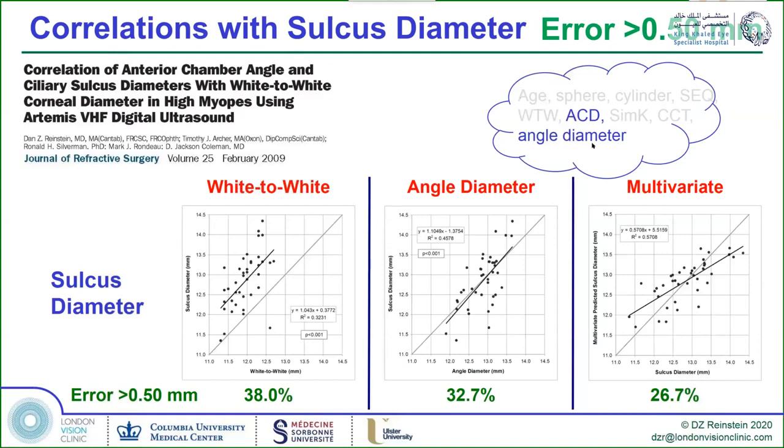So using AC depth and angle diameter, you can predict sulcus even better than just with angle diameter, but you're still going to have about 25% of the eyes outside of 0.5 millimeter of what you would have predicted the sulcus to sulcus to be, and therefore choosing a lens that's not the ideal lens.